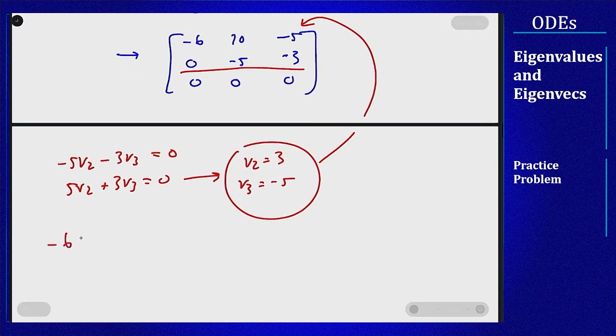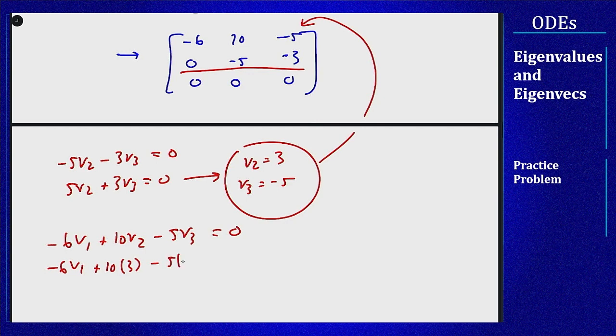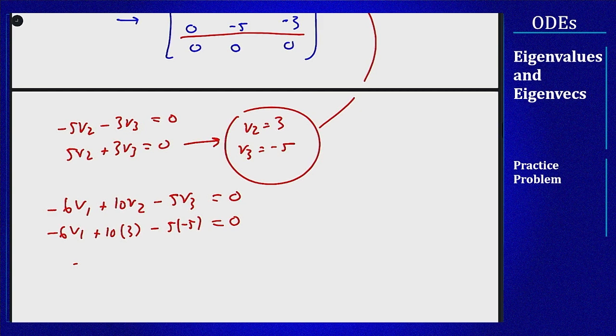So -6v1 plus 10v2 minus 5v3 equals 0. This becomes -6v1 plus 10 times 3 minus 5 times -5 equals 0. So -6v1 plus 30 plus 25 equals 0. 6v1 equals 55. v1 equals 55 over 6.